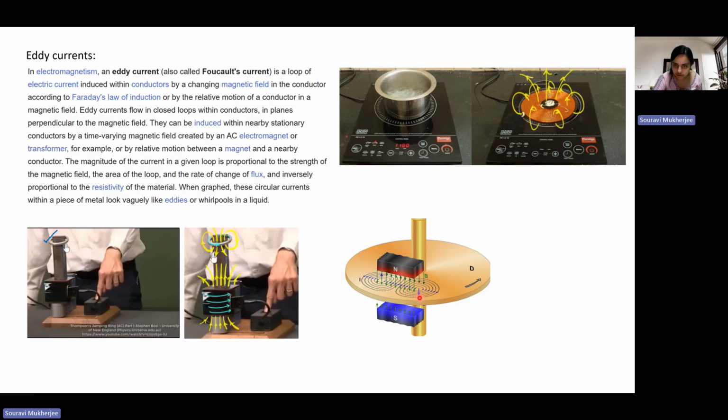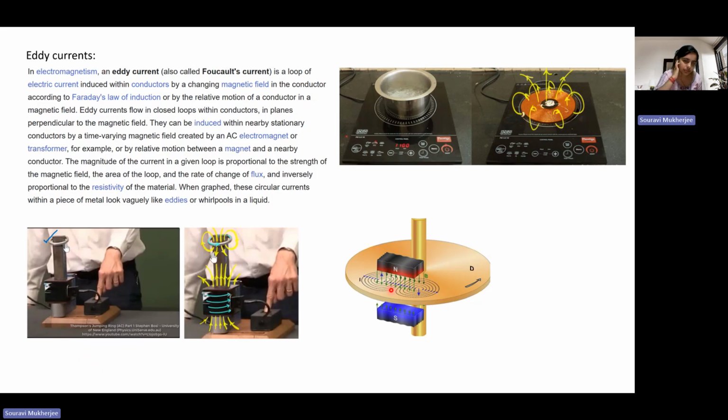Because of that, Lenz's law would result in some induced current here, which would try to reduce the change in flux. And because of that, the net motion gets impeded. So you have this spinning disk, and if you bring the magnet here, because of the changing magnetic field as the disk rotates, you would see that the disk motion gets reduced.